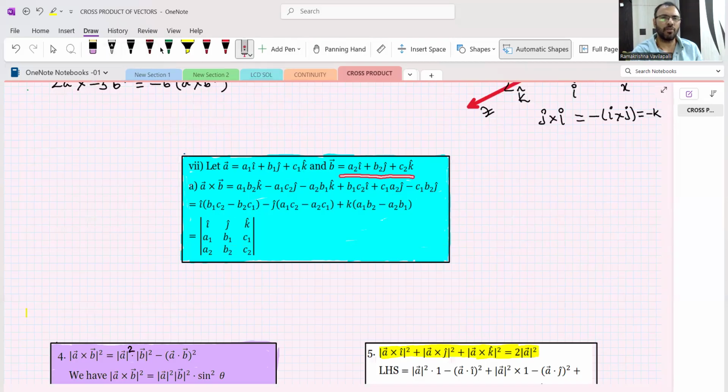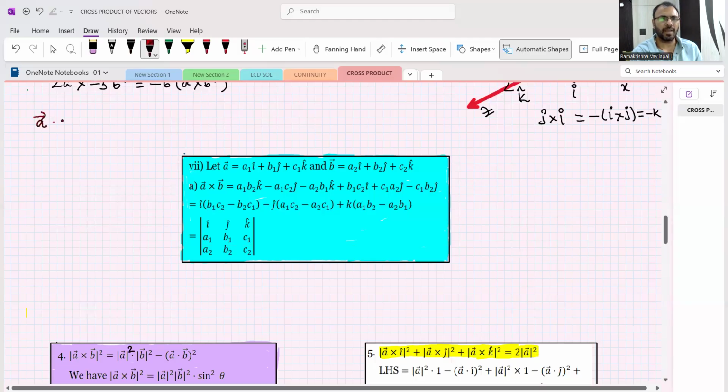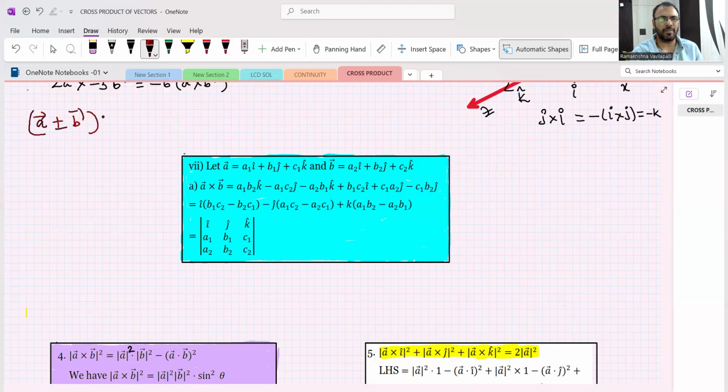Before I explain this cross product, I would like to write the distributive law: A bar plus or minus B bar cross C bar equals A bar cross C bar plus or minus B bar cross C bar. It obeys the distributive law.